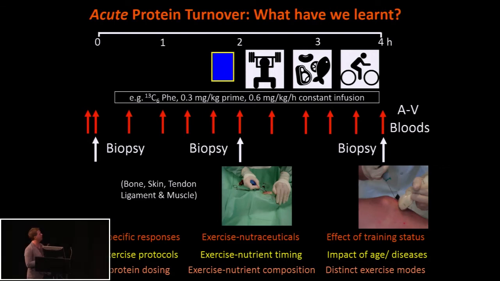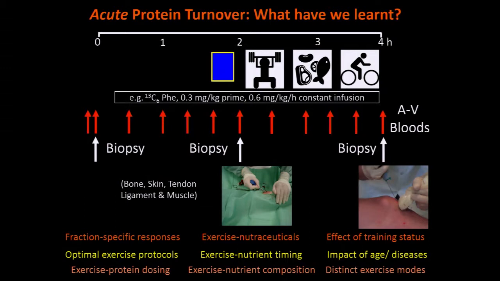They've taught us that certain exercises are associated with fraction-specific responses. That means that if you subfraction a biopsy into, say, mitochondrial, collagen or myofibrillar fractions, under certain circumstances you get specific stimulation of one fraction over another. So you're actually able to see how different exercises modulate different fractions.